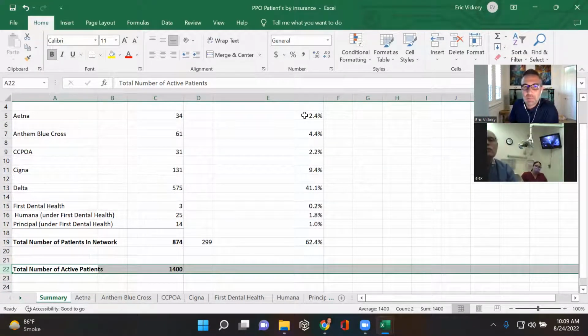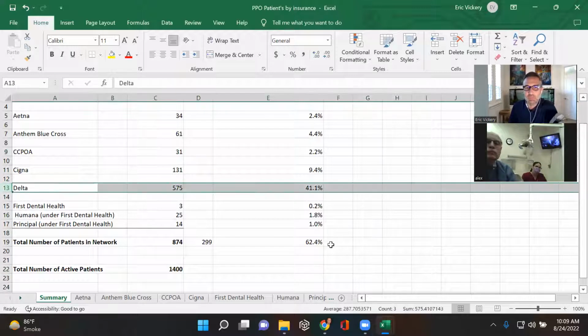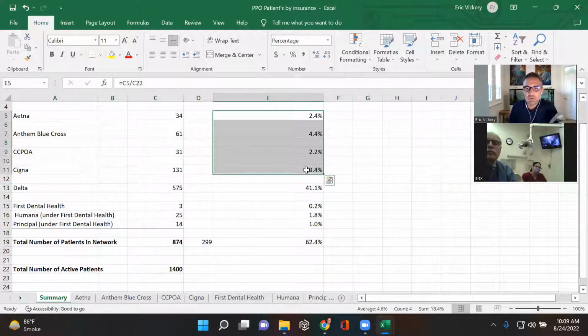Next key factor about this percentage: if the percentage is too high, we're probably not going to touch it right away. It'll be something we handle later on. We typically want to deal with the smallest percent, 15 to 20% of your practice. You can see these 4 plans came to 18% of his practice, so it made sense for us to deal with all 4 at the same time.